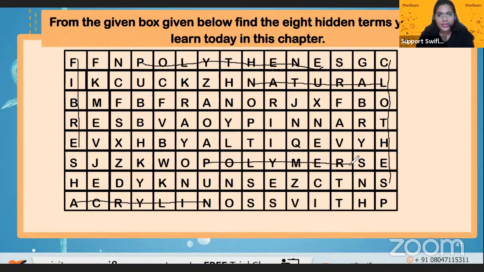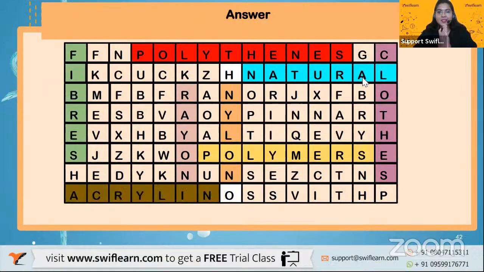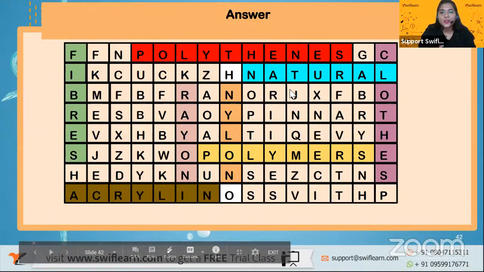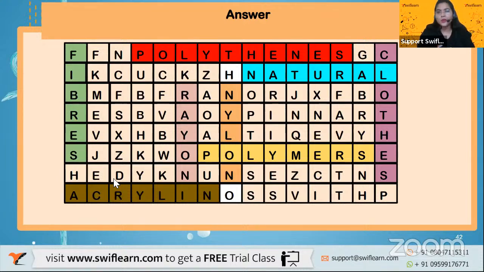Anything else is there? Let me see if any other words are there. Yes. Oh, I missed nylon. So you also missed nylon, right? So this is another word which was there. And the rayon. Okay. So polythene, natural, clothes, nylon, polymer, rayon, acrylic, and fiber. These are the words which were present in the box.